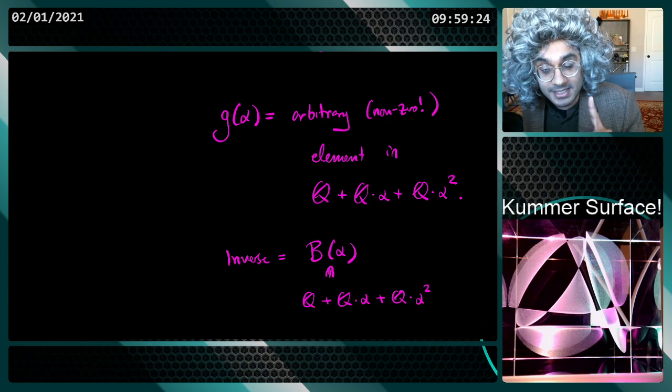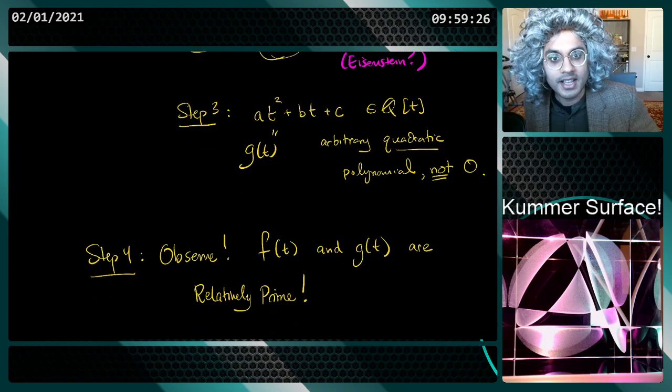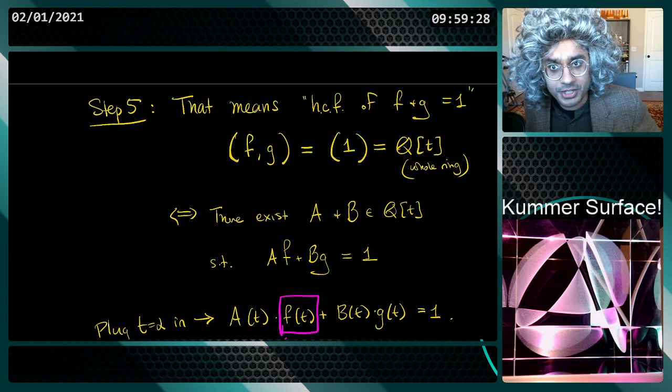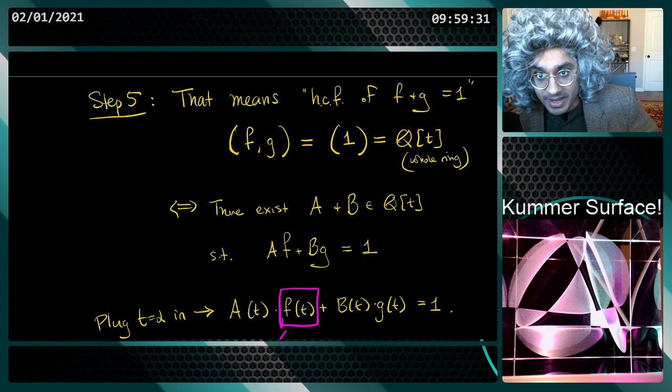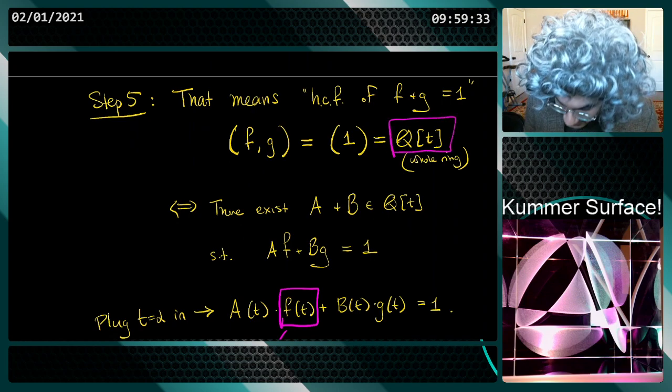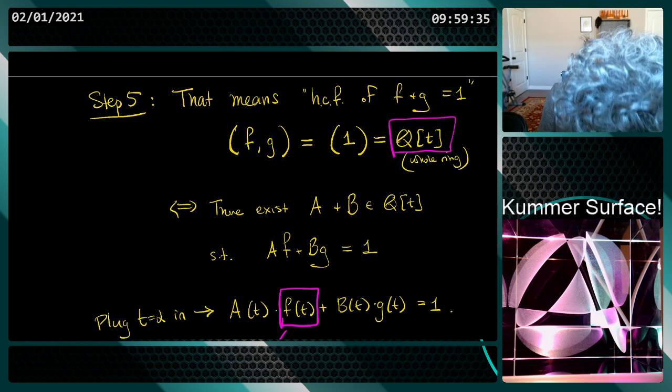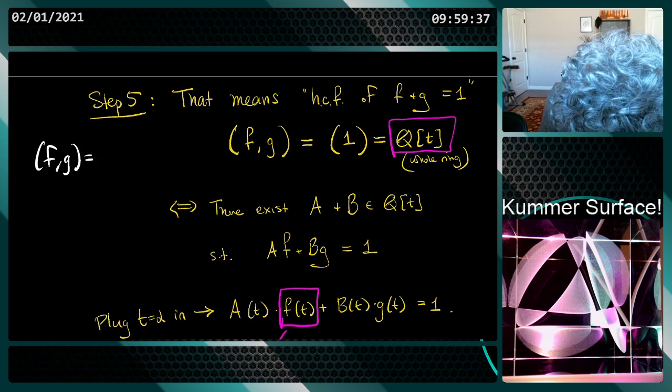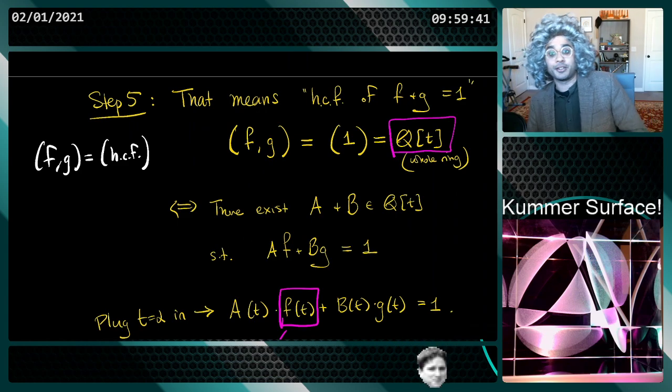The inverse exists. Why? Because of the simple structure of a principal ideal domain, that Q of T is a principal ideal domain. And so we're using the fact that Fg equals the ideal generated by the highest common factor.